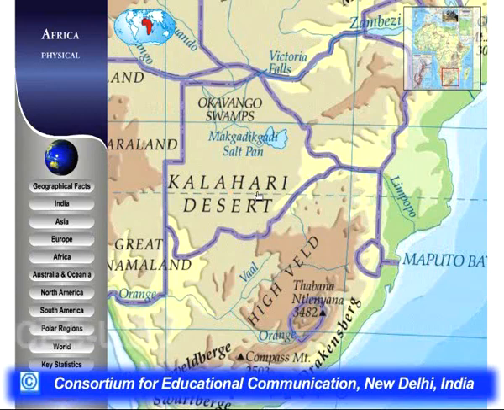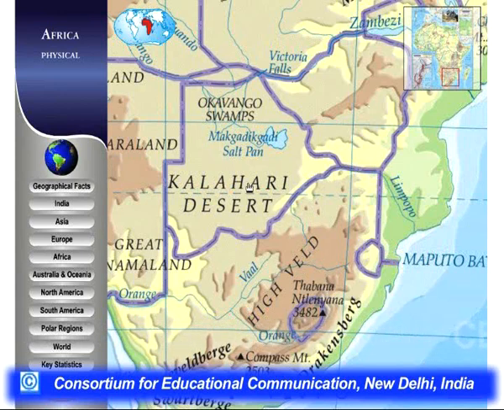Botswana, Zimbabwe and Mozambique boundaries of South Africa are demarcated by river Limpopo. And I'd like to mention here, river Limpopo is the only river in the world which crosses Tropic of Capricorn twice.